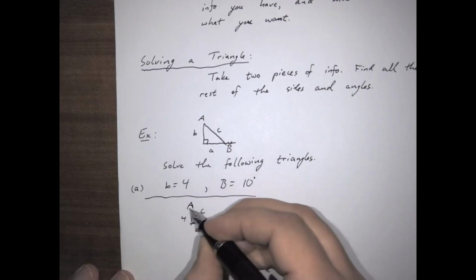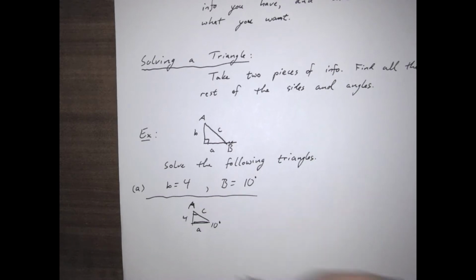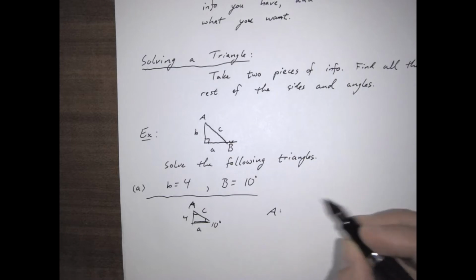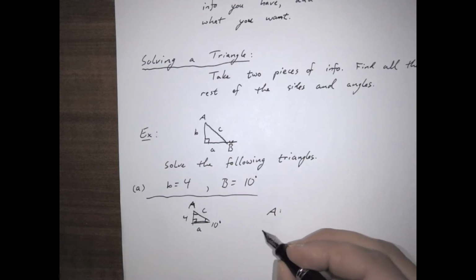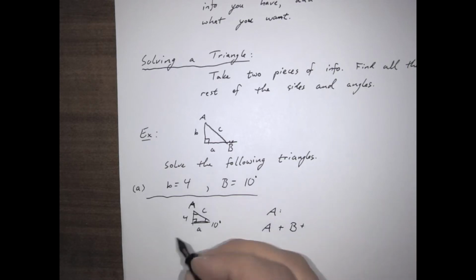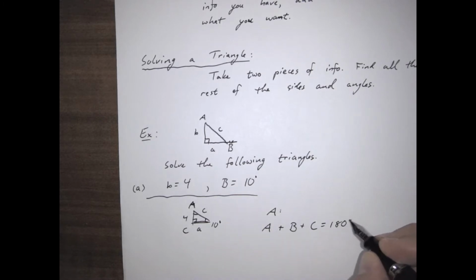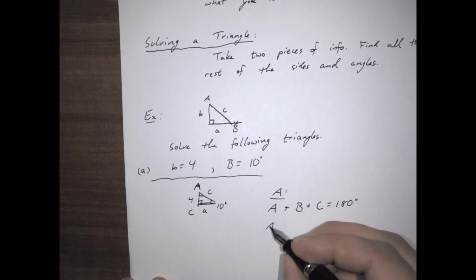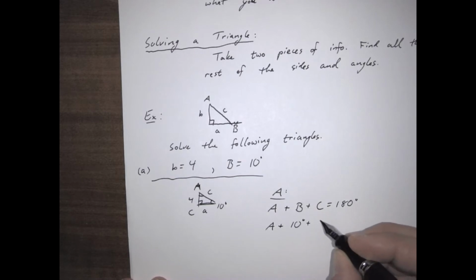Now we just need to get the ball rolling by finding the first piece that we can find, and so we could, for example, find angle A. So we know that A plus B plus C equals 180 degrees, and we already know B, 10 degrees, and we already know C, because it's a right triangle, is 90 degrees.